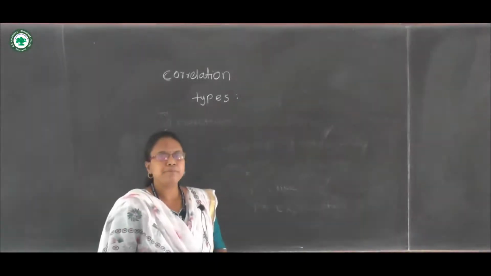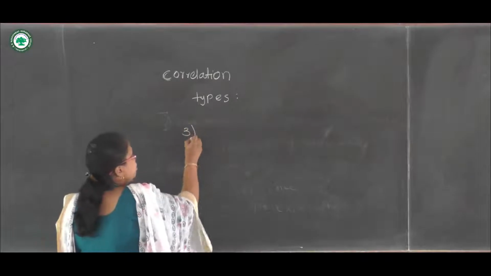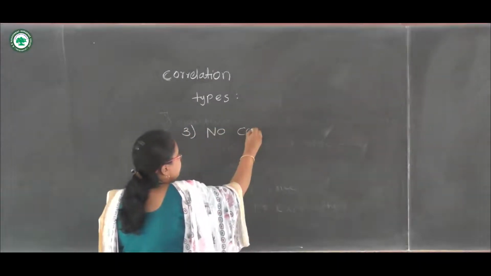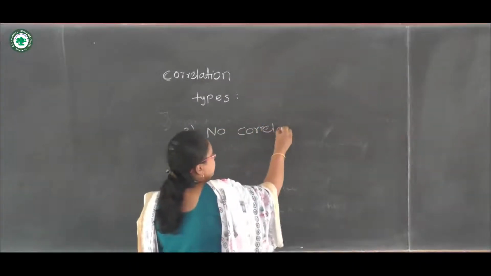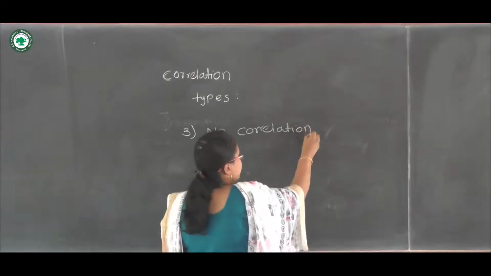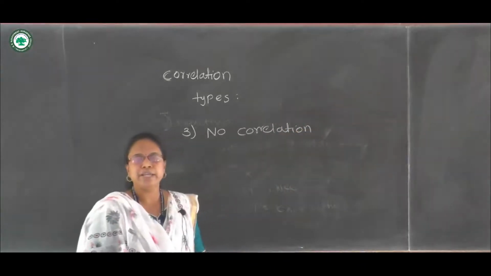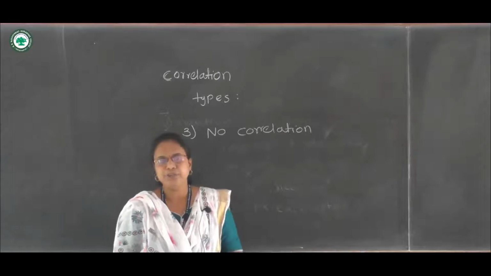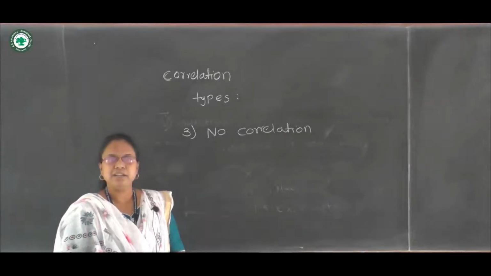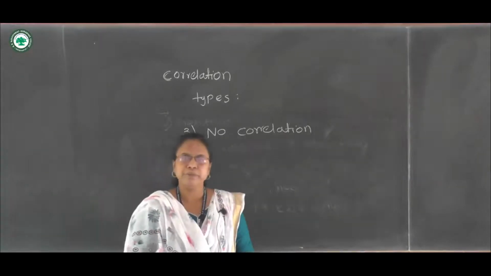Then the third type of correlation is no correlation. If the given two variables are not related to each other, then we say that there is no correlation between them.